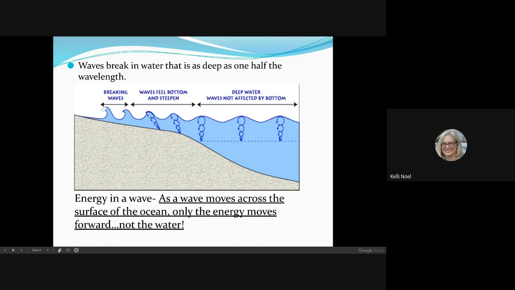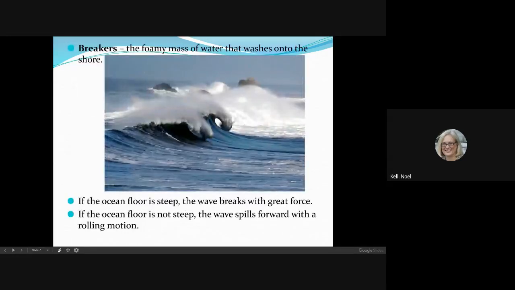So energy in a wave, as a wave moves across the surface of the ocean, only the energy is moving forward, not really the water, even though that's what it looks like. Now, breakers is that foamy mass of water that will wash onto shore.